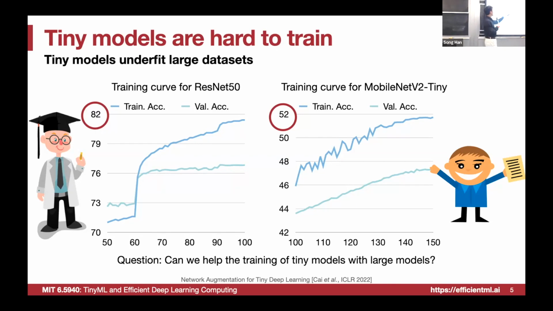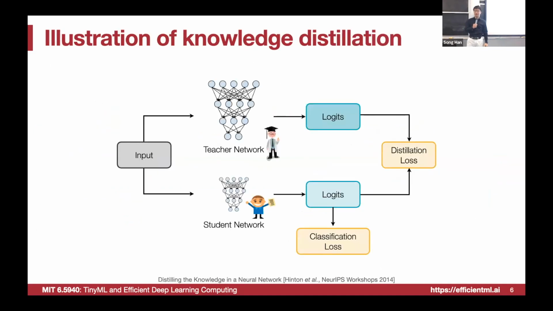Top 1 accuracy can easily reach beyond 76%. Well, for MobileNet V2 tiny, the top 5 is only 52%. Top 1 is lower than 48%. So how can we help the training of this tiny model with the supervision of this larger model? So that's what distillation is about.